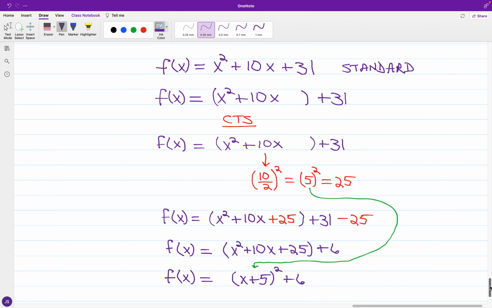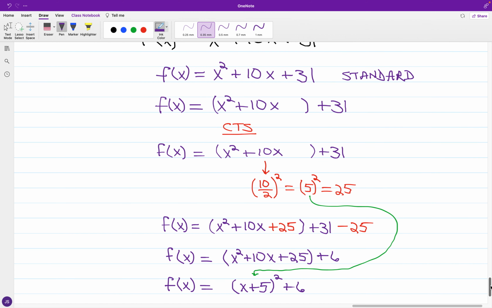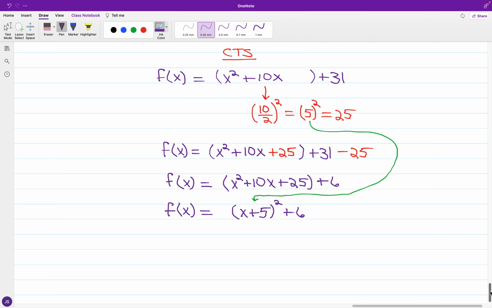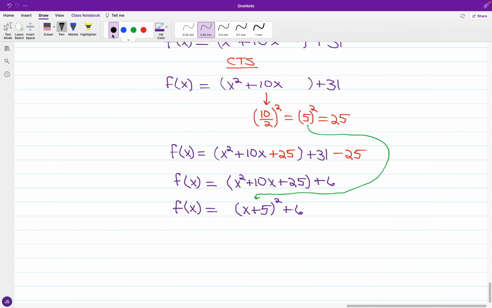And so in the translation, x squared plus 10x plus 31 in standard form translates to the vertex form with the square of x plus 5 followed by the addition of 6.